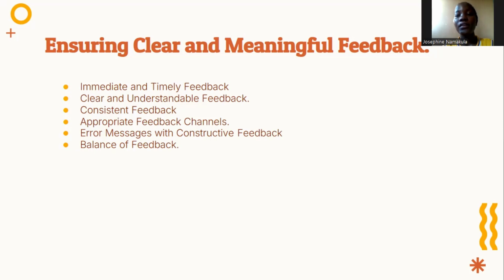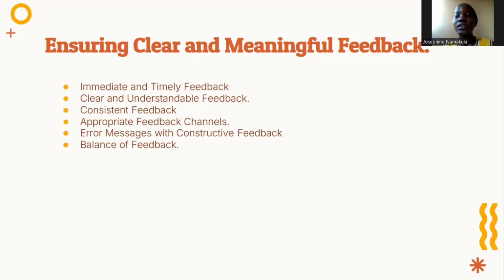For instance, instead of a vague error message like error 404, we should use clear language like page not found, because not everyone understands those codes. There is consistent feedback across the system, to maintain user expectations, and appropriate feedback channels.